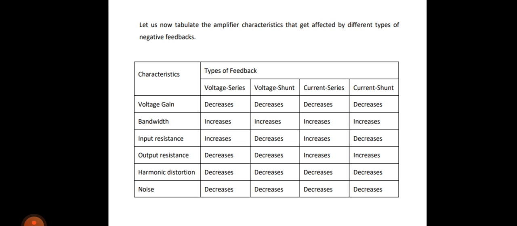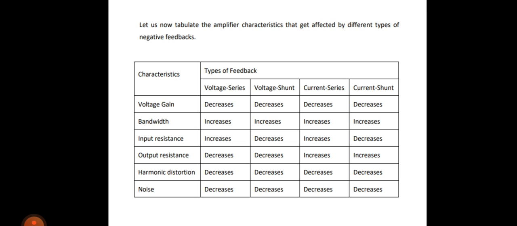In voltage shunt, voltage gain decreases with feedback. Current series, gain decreases with feedback. Current shunt, gain decreases with feedback. Bandwidth increases in all these configurations. Input resistance increases in all the configurations.